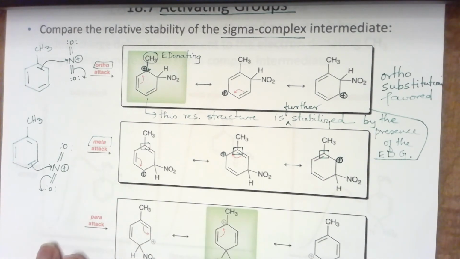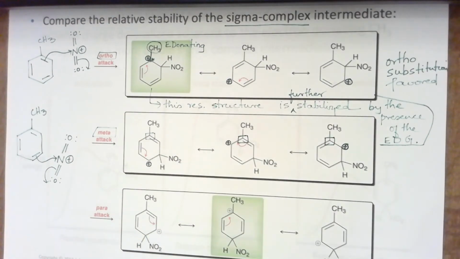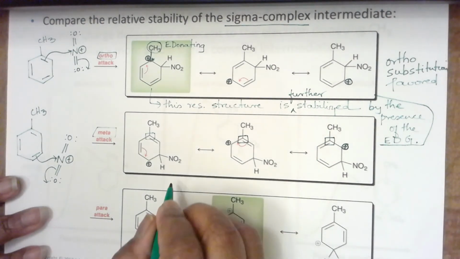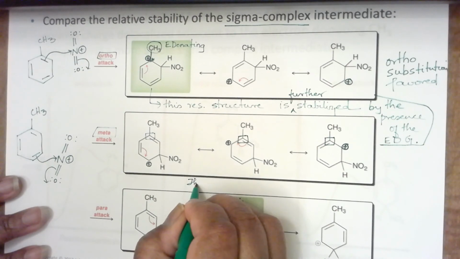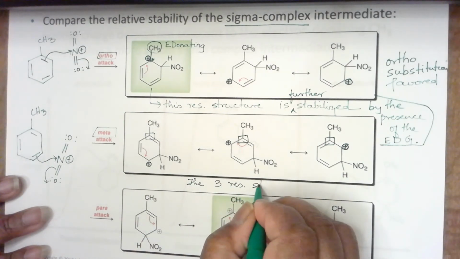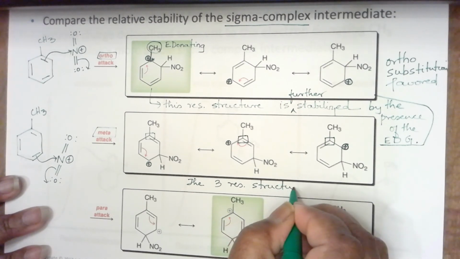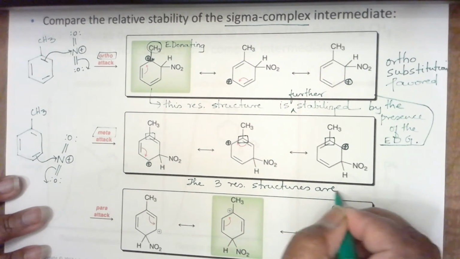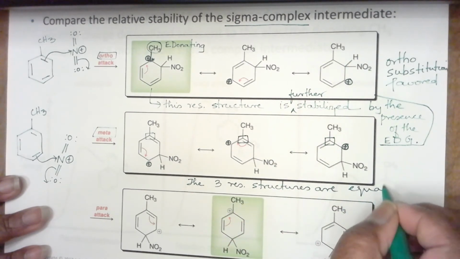So, summarizing, you have 3 resonance structures, but the 3 resonance structures are equally stable.